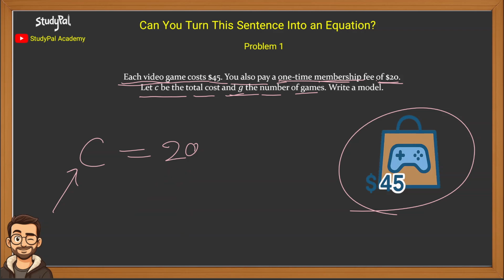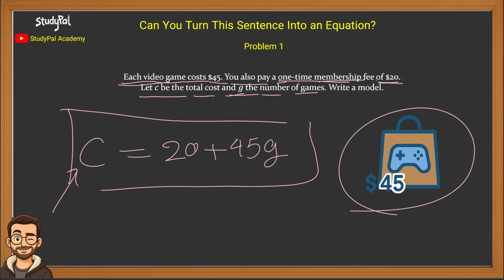All right. So how many games do you have now? Plus, let's say I have G games, and each game costs $45. $45 times G. So this is the cost of playing with that console: the constant fee and the fee you need to pay for each game.